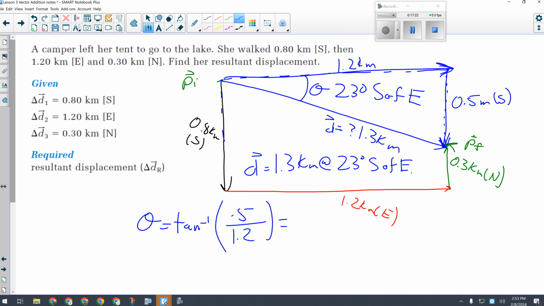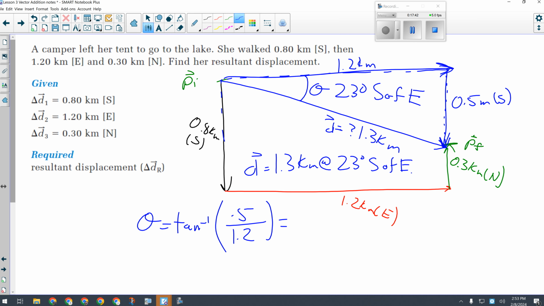Right? We can either, if we have both of those, use them to get the hypotenuse, or if we have the hypotenuse and an angle, we can use it to get the two sides. Okay? Just simple trigonometry. The reason that's important for us is it's how we add angled vectors together.